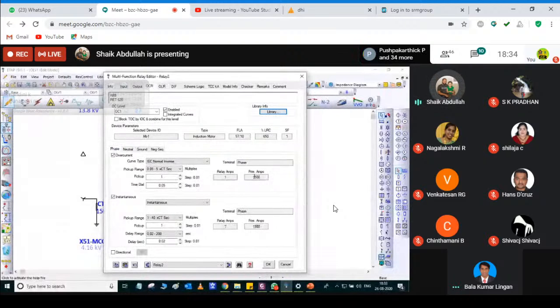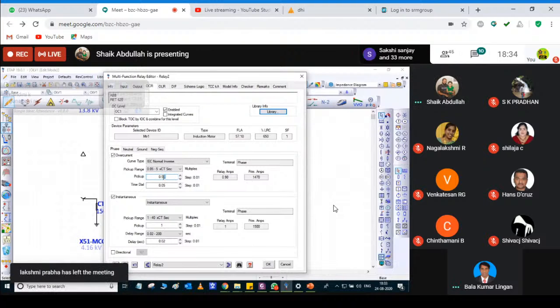Actually, this value is not supposed to be 1, because it's not really the correct value here; that's why only 1 is considered. It's supposed to be 0.896, so I'm giving 896. So this is my overcurrent setting.